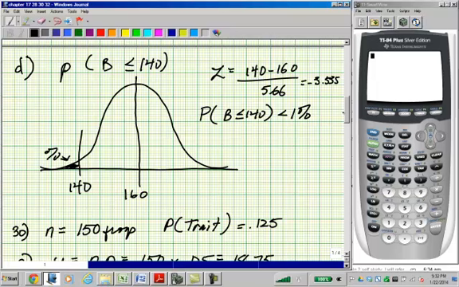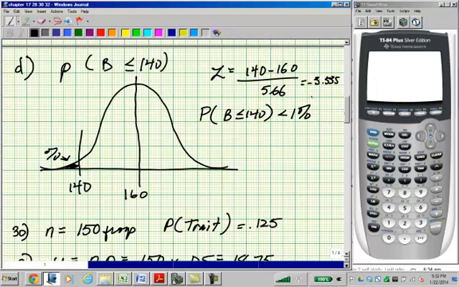We'll do 140 minus 160 over 5.66. And the z-score is negative 3.35. And so the probability, that's a big z-score, which means that we have a very low probability. The bigger the z-score, the further out in the tail. So the probability that the bullseyes are less than or equal to 140 is less than 1%.